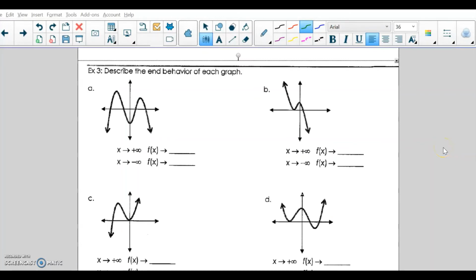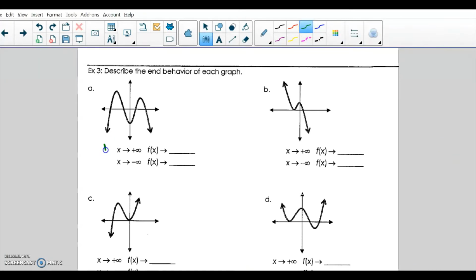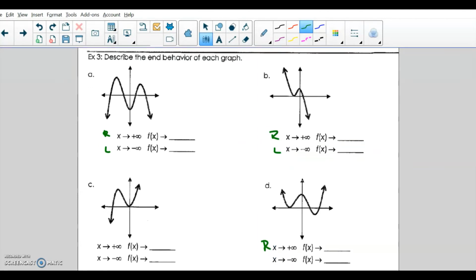Okay, let's look at some examples of end behavior from a graph. So a couple of things here just to remind you. This is the right side, left side. Right, left, right. You can see the left, but I'll speed that up. Left, right, left.